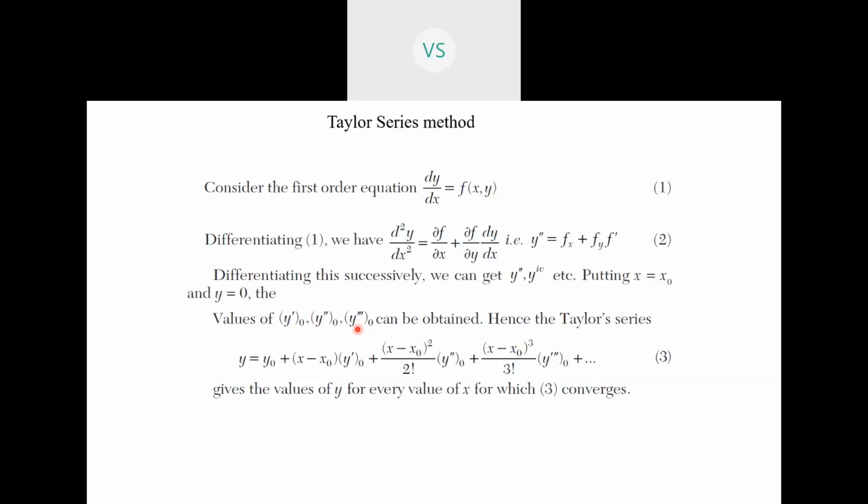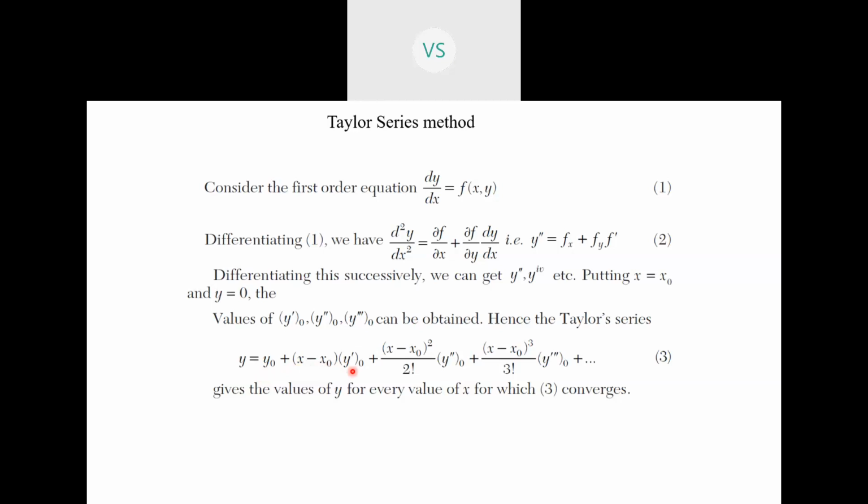Now what is the Taylor series method? Now you can see a Taylor series given to you over here. So y is equal to y0 plus (x minus x0) into y dash. Here y is the current value, and y0 is the previous value, or you call it the initial value. x is the current value of x, and x0 is the previous value of x.